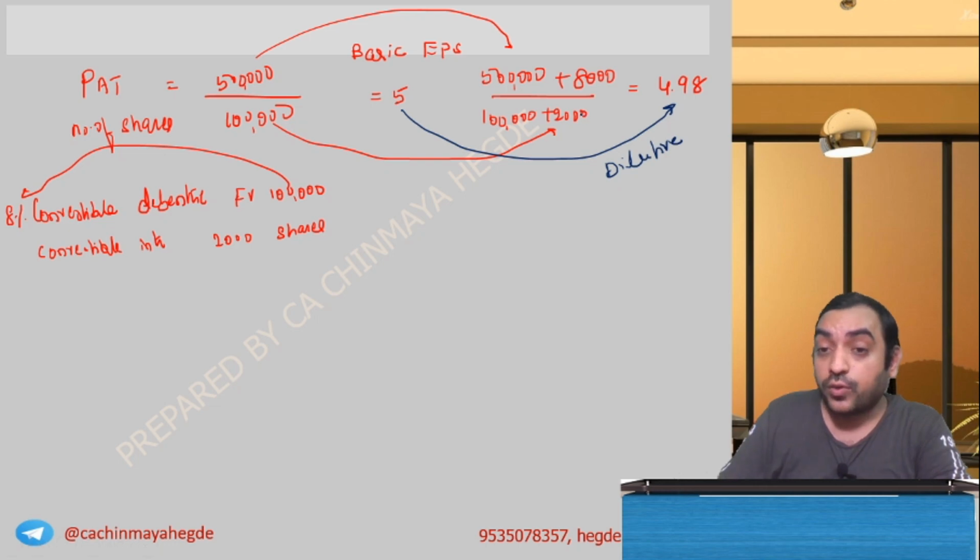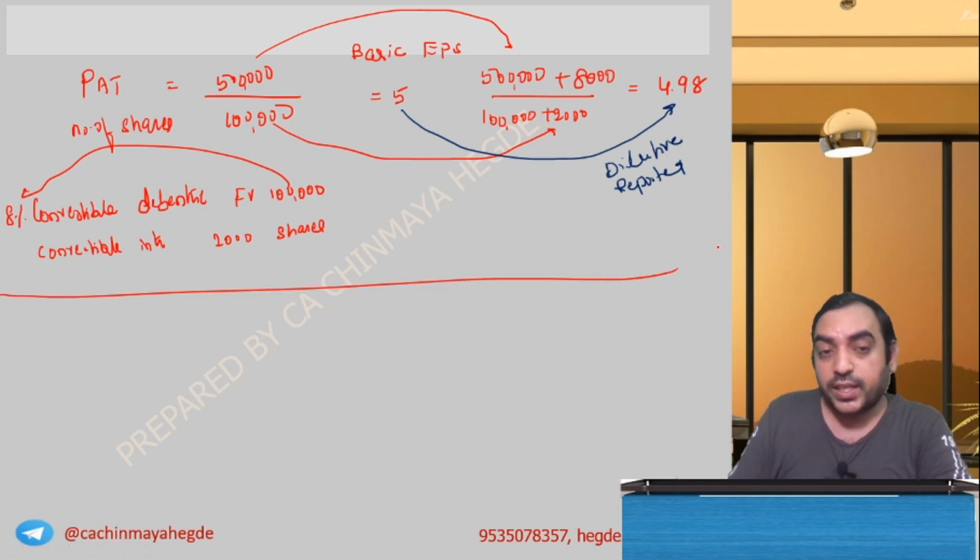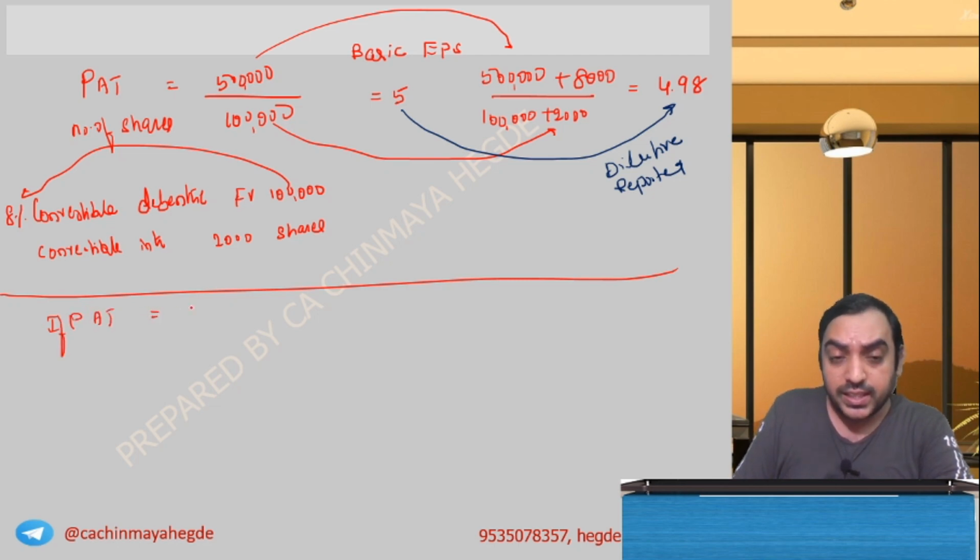It is likely to go down and it is reported. Is it dilutive? This is reported. Now just imagine a small change. If profit after tax is not 5 lakh, but 3 lakh, then what will happen?